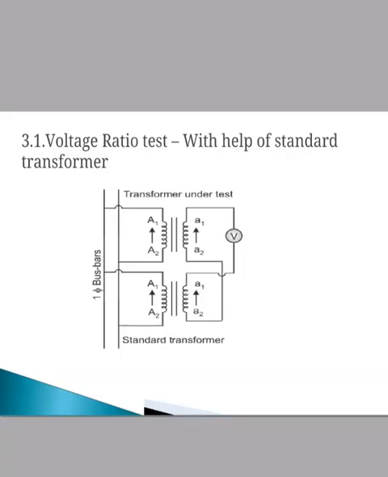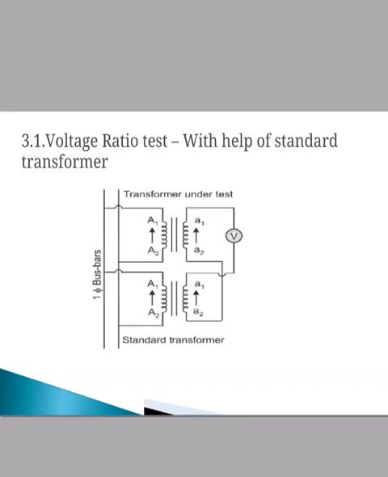Then the next test is the voltage ratio test. In this test we have to find the voltage ratio. There are different methods. First, with the help of a voltmeter, suppose we consider a low voltage transformer with a rating of 440 volt to 220 volt, or 230 volt to 115 volt, to be tested.